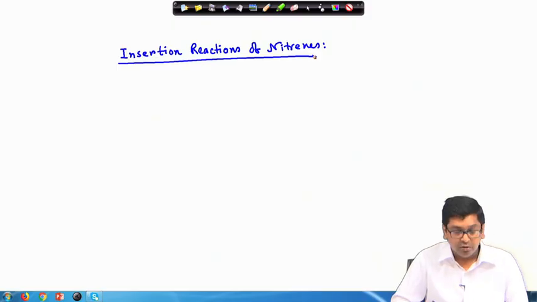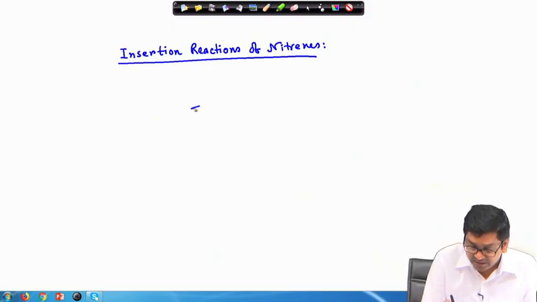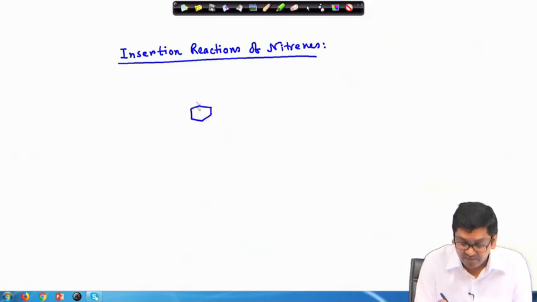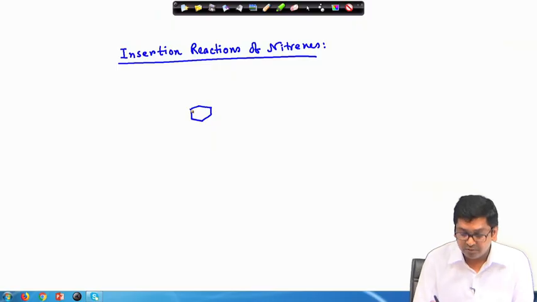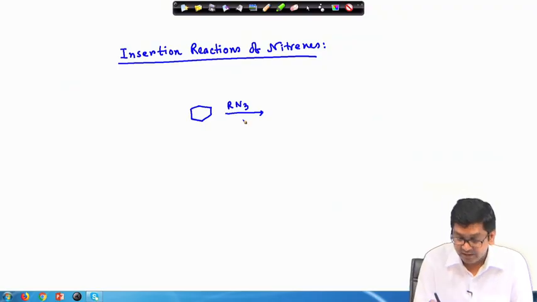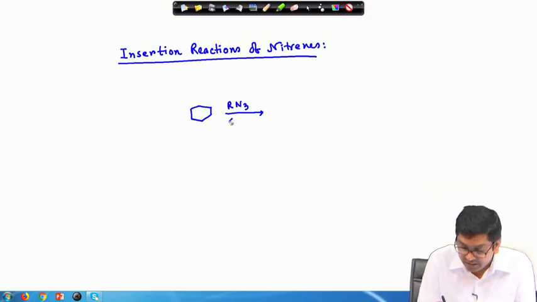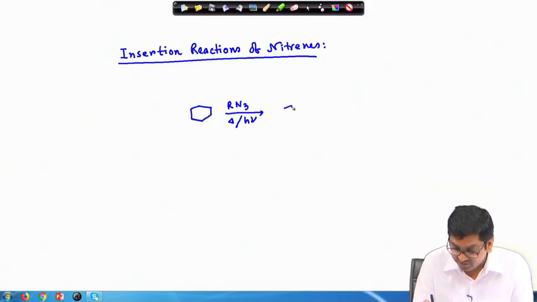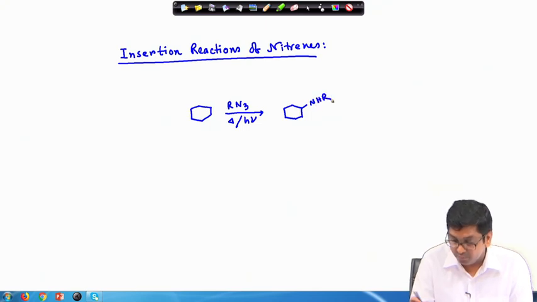For example, if you take cyclohexane, it has carbon hydrogen bonds. Now if you use this azide, then under thermal or photochemical conditions it can generate this carbon nitrogen bond.